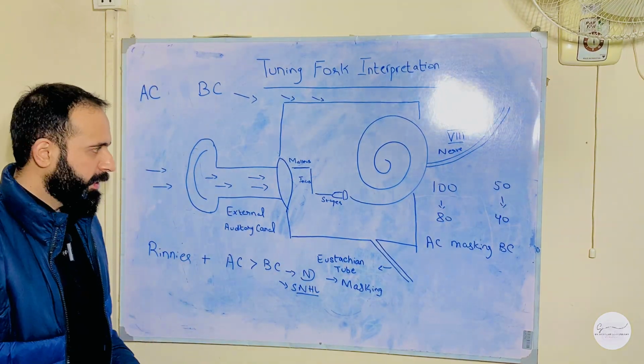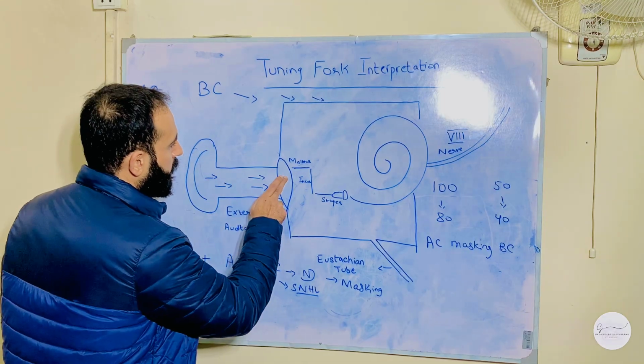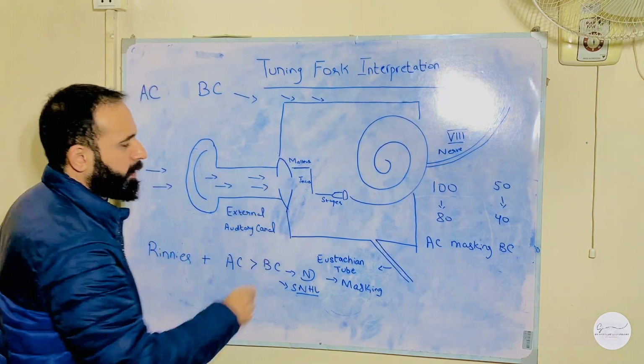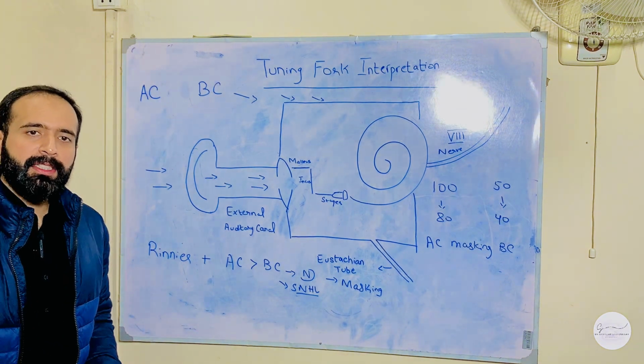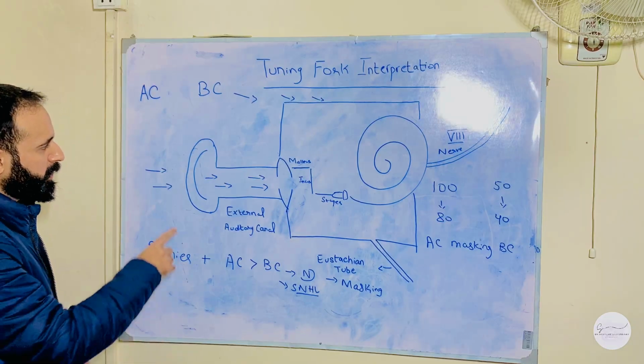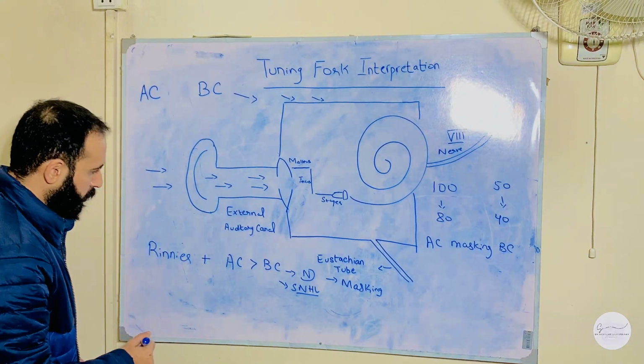Now let's take another example. Let's consider that there is a hole in the tympanic membrane, or the ossicles are dislocated. When this happens, this means that the air conductive pathway is now compromised. This pathway is not as efficient anymore. So what is going to happen?